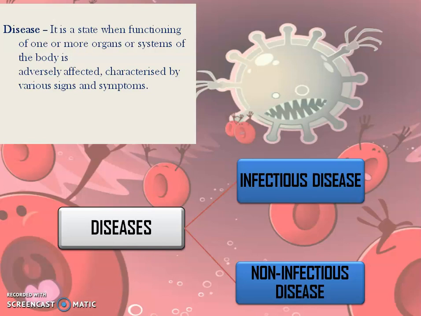So in short, diseases which are easily transmitted from one organism to the other are termed infectious diseases. For example, influenza, malaria, common cold, typhoid, etc.